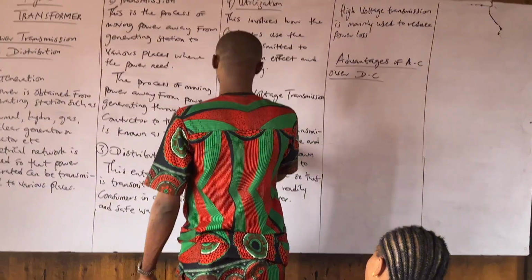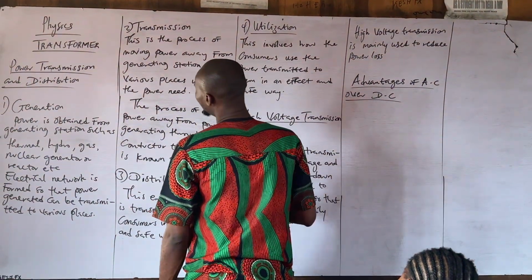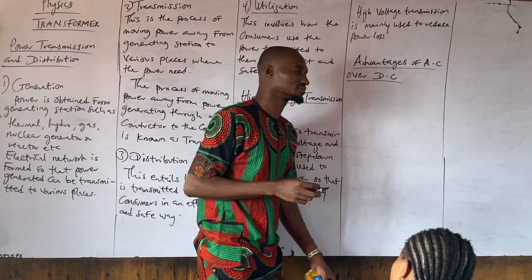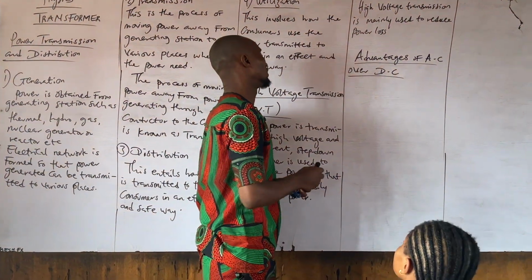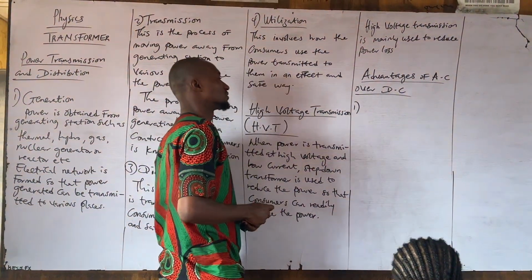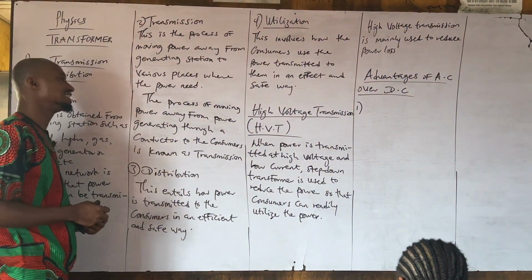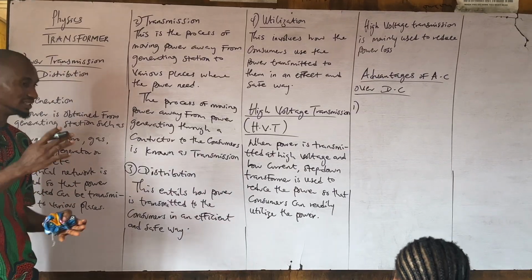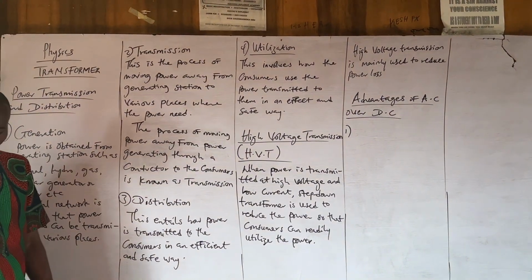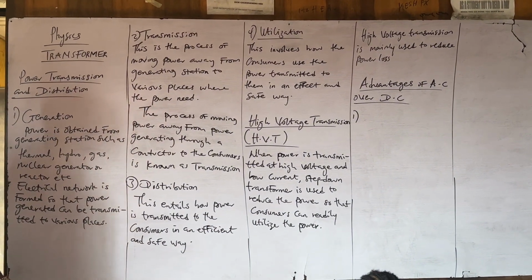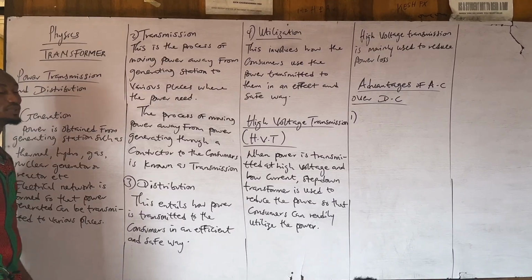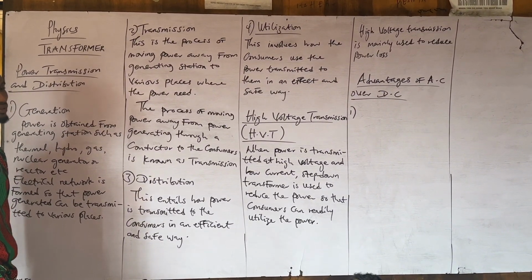AC means alternating current, while DC means direct current. So one of the advantages is that it is easily or cheaply stepped up or down by a transformer. I'm talking about AC now.